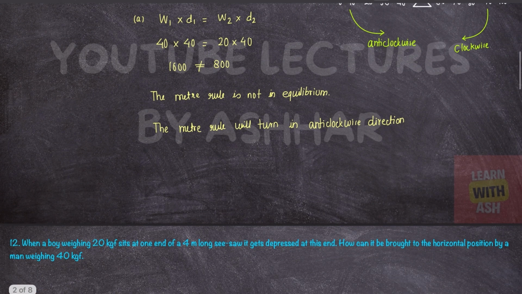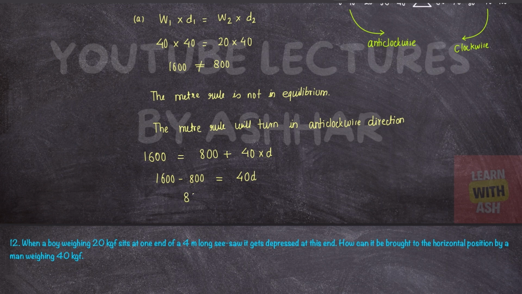So I will say 1600 must be equal to how much? 800 was already there, plus I need to put a 40 gram force at some distance, which I will consider as 40 multiplied with D. If I take 800 to the left hand side, it will be 1600 minus 800, which is equal to 40D.